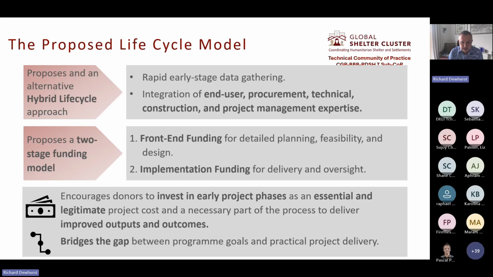It proposed a two-stage funding model where you have initial funding for the front end, for the detailed planning, feasibility and design, and then a second phase, the lion's share of the funding for the implementation once you've done this early phase properly and thoroughly. So this approach would encourage donors to recognize the early stage investment as an essential and legitimate project cost. It's part of the project, and it bridges the gap between the programmatic goals and the practical project delivery, and ultimately supports improved ID construction project outcomes.